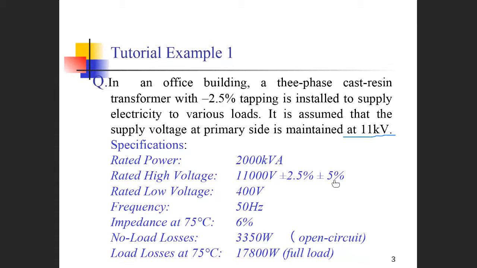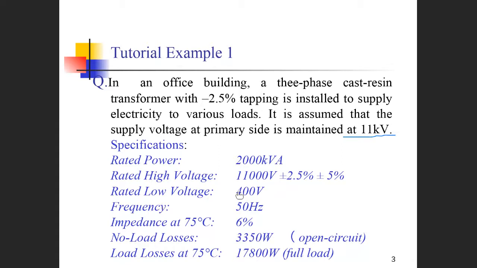This just tells you the allowed errors for these transformers. But this question already gives that the supply side is maintained at 11 kV and the tapping error is minus 2.5. These are the given conditions.